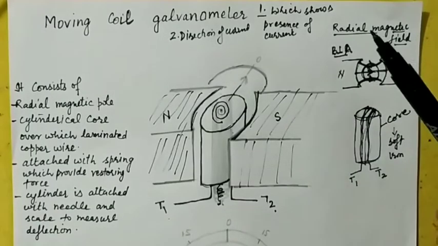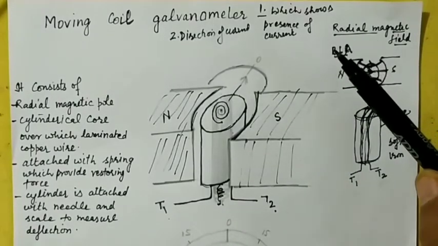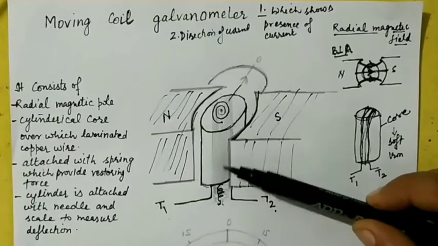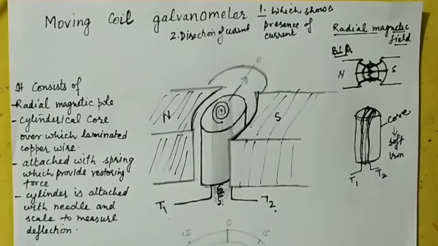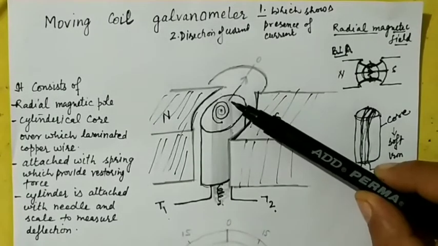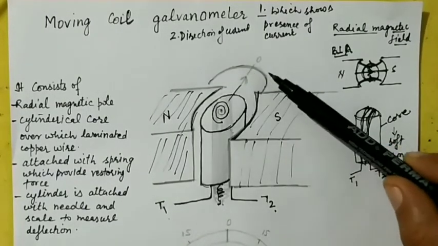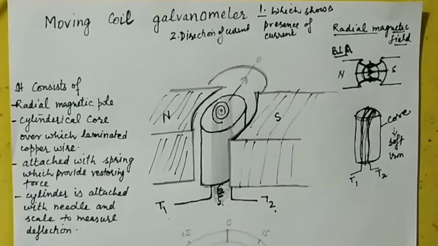To restrict the deflection to a particular value, we attach a spring at the bottom of this cylinder. This cylinder is also attached with a needle and a scale to measure the deflection. So this is the construction of the moving coil galvanometer.